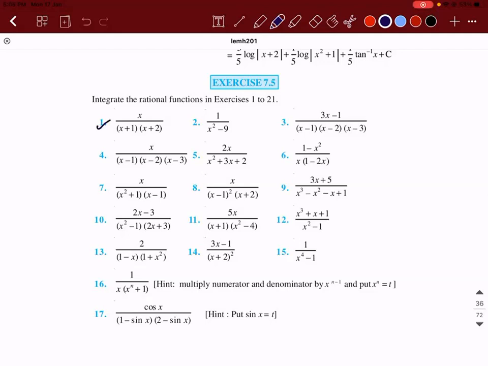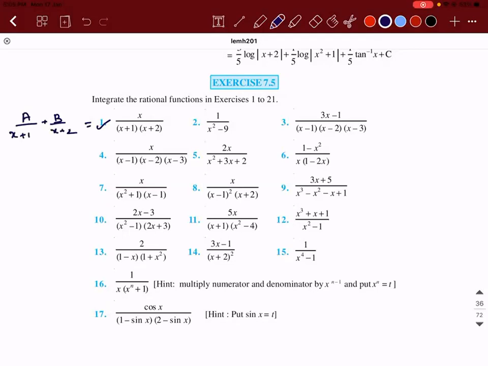So how to do the first one? x divided by (x plus 1) into (x plus 2). The question itself is equal to A by (x plus 1) plus B by (x plus 2).